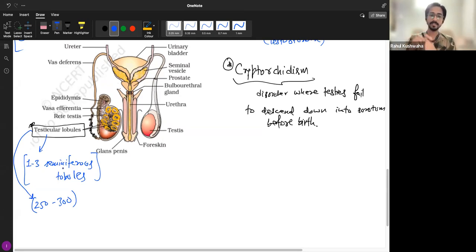And in each chamber, there are 1 to 3 seminiferous tubules. So let's take 300 as the upper limit of both. So maximum in one testis, how many seminiferous tubules can be there? 300 into 3, which is around 900 seminiferous tubules can be present in one testis.